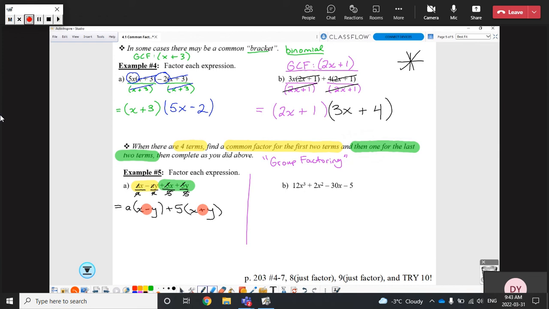Take the first 2 and then the last 2. Okay, and again, first 2 terms. Can someone tell us what the greatest common factor is of the first 2 terms? I think it's 2 for sure, and then the lowest exponent on the x is 2, so it's going to be 2x squared.